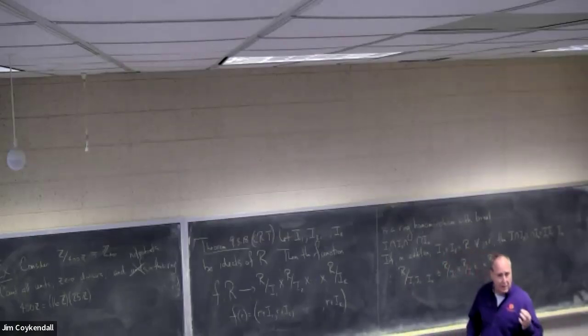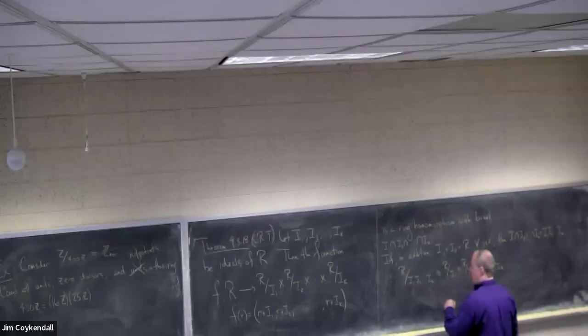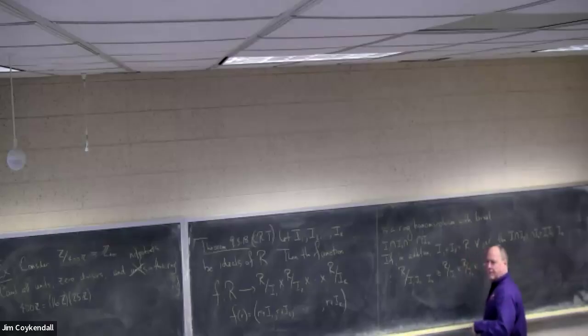Look right to you guys? Yep. Now, the Chinese remainder theorem says, in this case k is 2, and notice 16 and 25 are comaximal, right, because they're relatively prime.